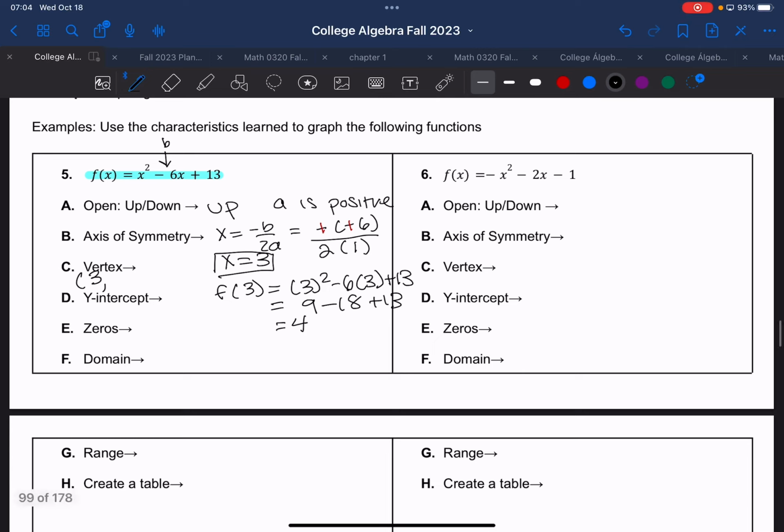So that means my vertex is 3, 4. When you're finding the vertex, you just plug in the axis of symmetry into the equation. That's why those values are always the same for this and this. That's why they're always the same.